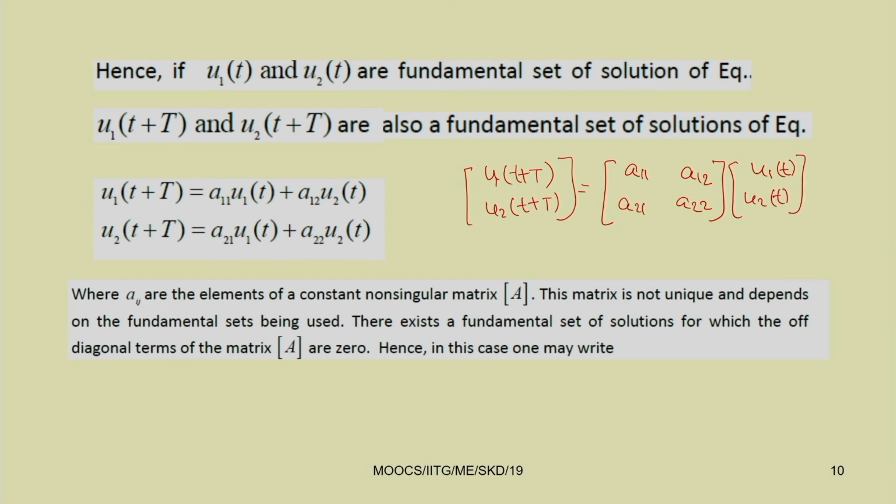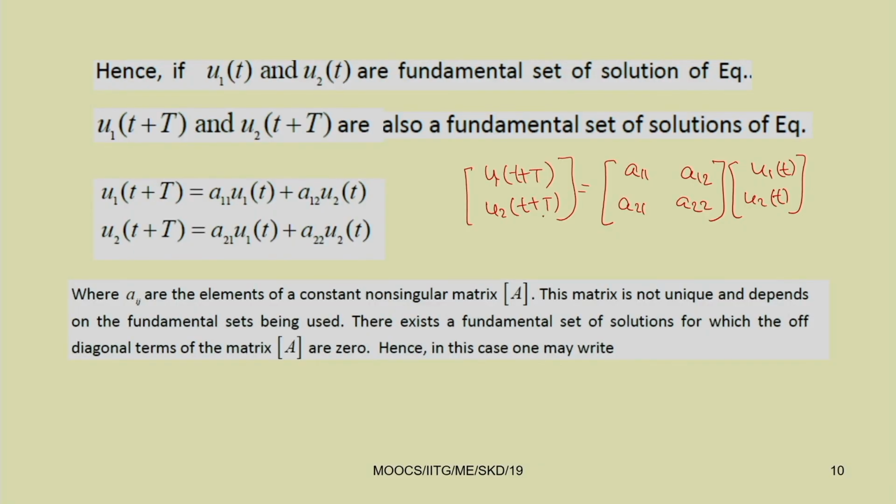Clearly, you just observe that u1 and u2 are determined after one cycle. Starting from t, for example t equal to 0, we can find the response after one cycle. Then knowing that response, we can write down u1(t+T) and u2(t+T) as a matrix A. So, this is a non-singular matrix; you can take these aij as elements of a constant non-singular matrix A.